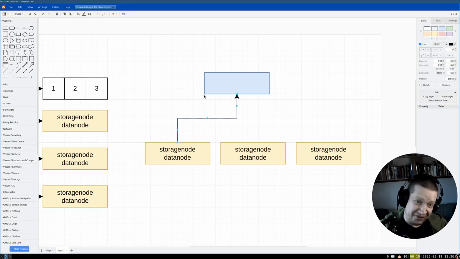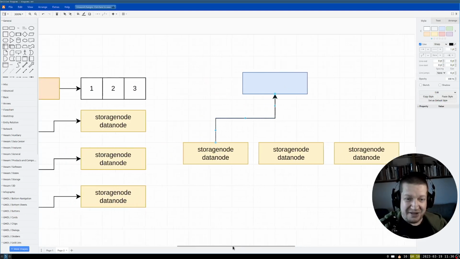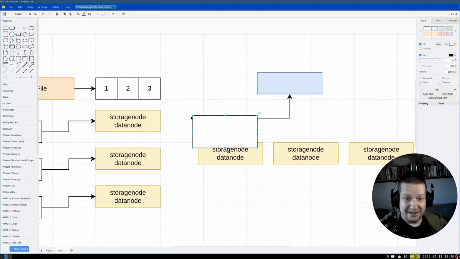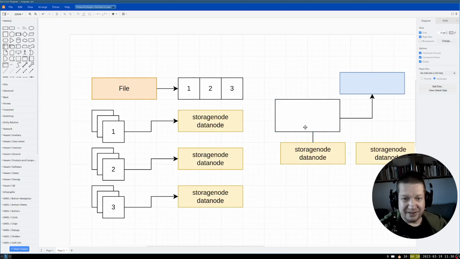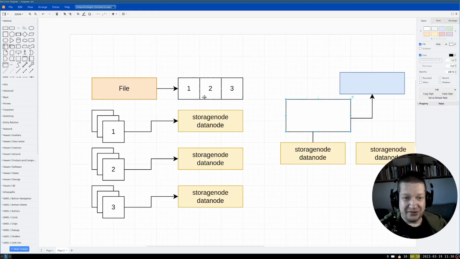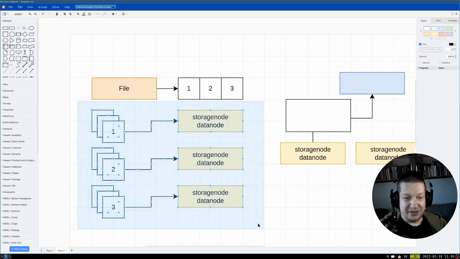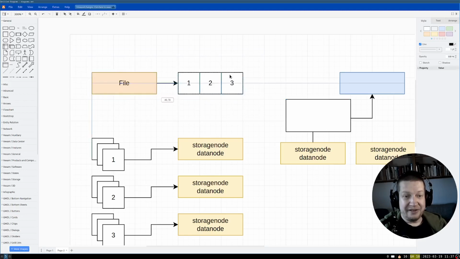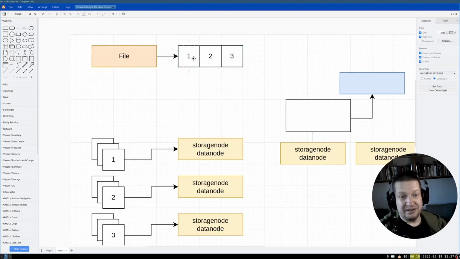So actually, Ozone solved this problem, which is something in the middle. Still, the storage nodes are reporting back the availability of the blocks, but they are not reporting about blocks, because the problem is that I need separate metadata for this one, for this one, for this one. But what Ozone does is that instead of having small entries for blocks, it has a bigger entry called a container.